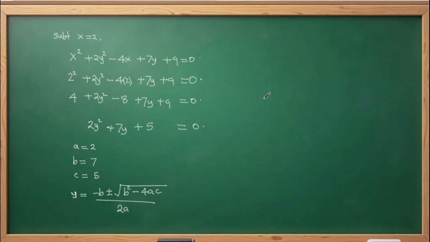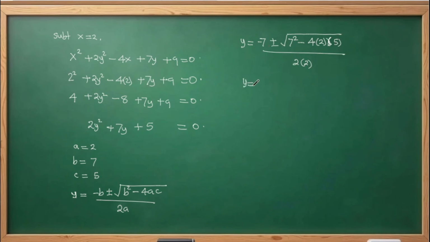So we can make our substitution such that the y value can be obtained by negative 7 plus or minus the root of 7 squared, and we subtract away 4 times the value of a, which is 2, times c, which is 5, and then we divide the whole thing by 2 times the value of a, which is also 2.